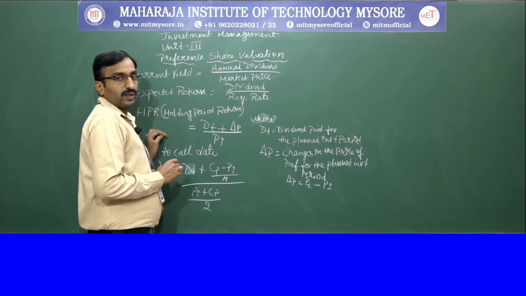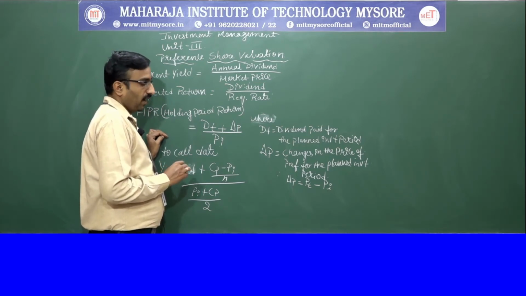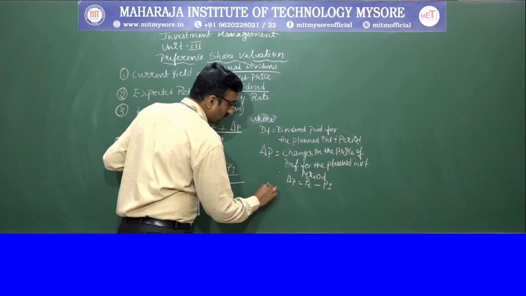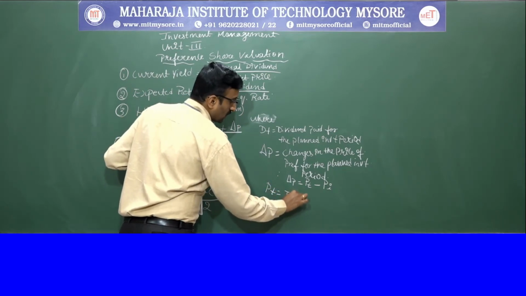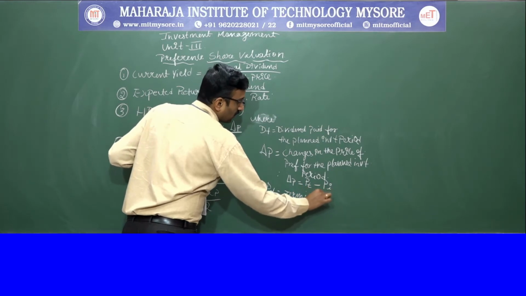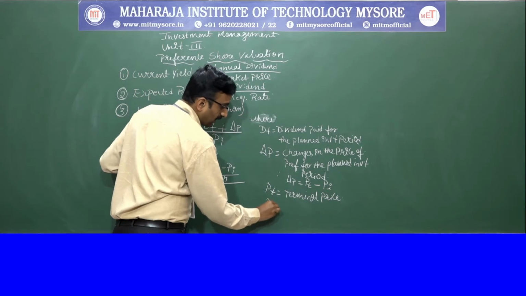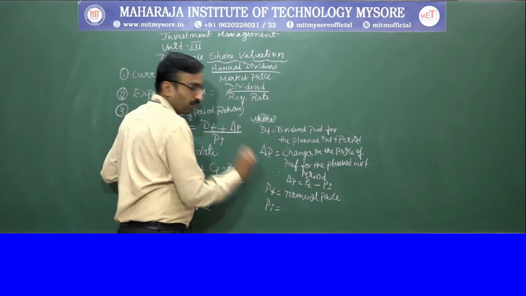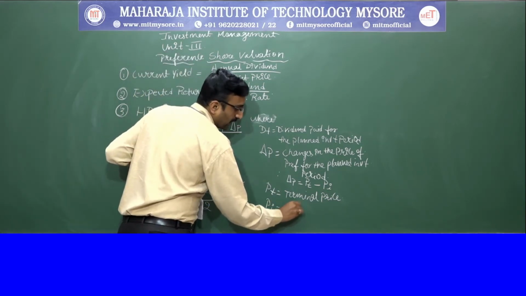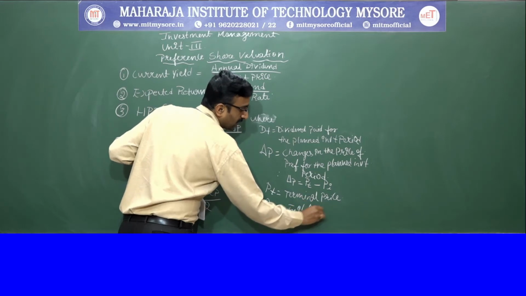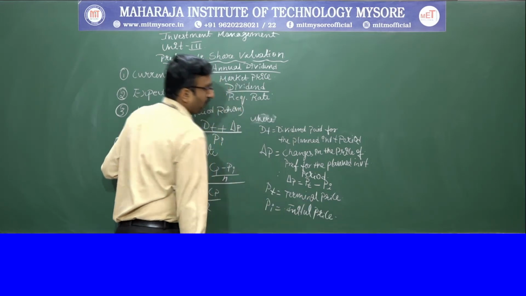So delta P is equal to PT minus PI, where PT is the terminal price of the preference share and PI is the initial price of the preference share.